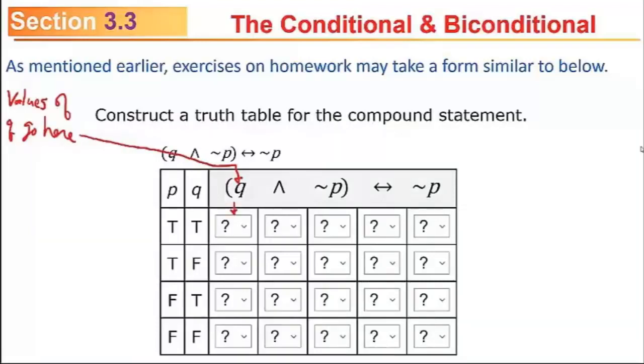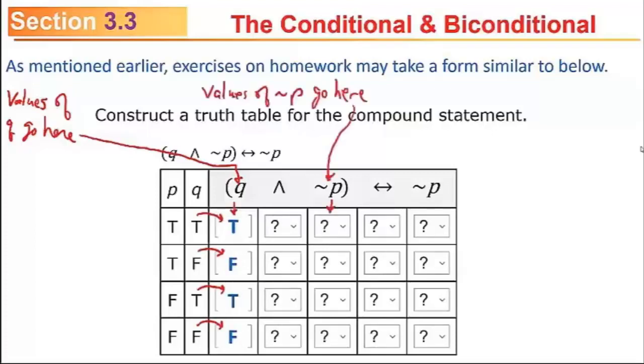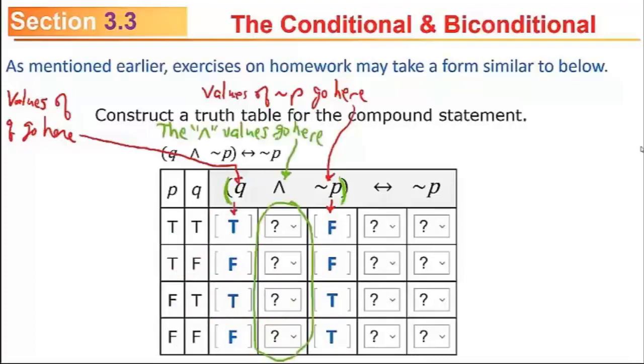You have a Q column, which you want to fill in, so you take the Q values that you already know about and just move them underneath the Q. Then you move over to the not P, so you're going to look at the P column and change all the truth values to their opposites, so the true becomes false, the true becomes false, the false becomes true, and the false becomes true. Then you've got to realize you're working with an and.